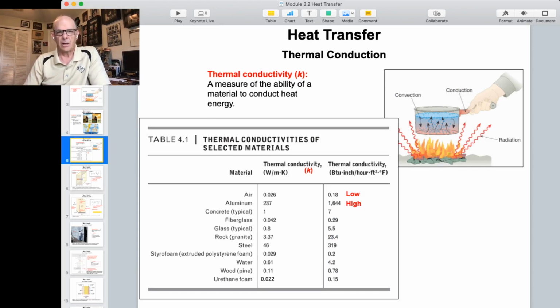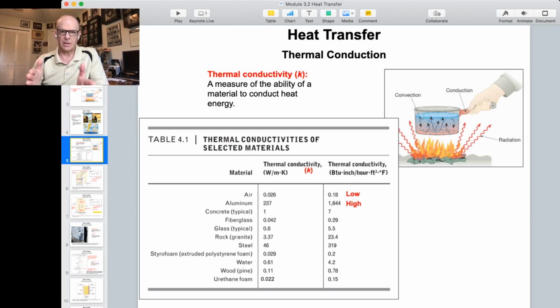And we can quantify how rapidly energy is conducted via conduction with a property of a material called its thermal conductivity, which is represented by a little letter K. And if something's got a high thermal conductivity, that means that it will rapidly conduct energy through it.